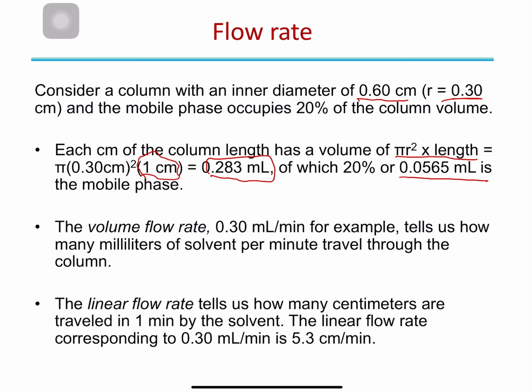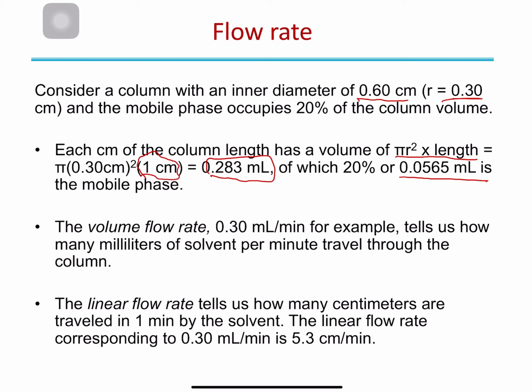Now the volume flow rate is 0.3 mL per minute, for example. That means 0.3 mL of our solvent will travel through the column every minute. Now we want to calculate the linear flow rate, which tells us how many centimeters are traveled in 1 minute by the solvent.